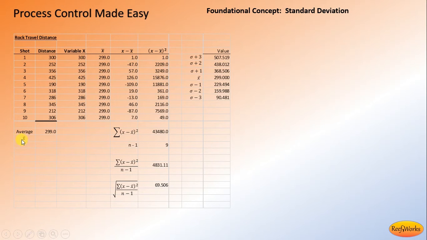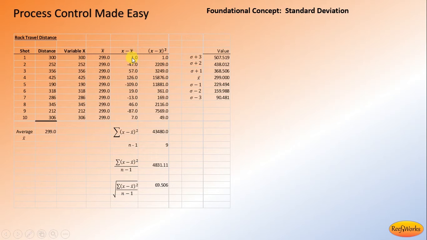So we translate that distance to variable X, which is 300, 300, 252, 252, and so on, all the way down. Then we take the average and we place it in this column. Our first mathematical translation is to take the shot distance, X, minus the average, X bar. That's the X with a little bar over the top.